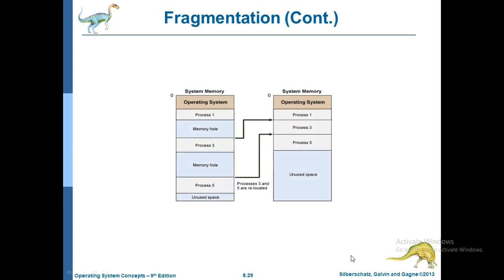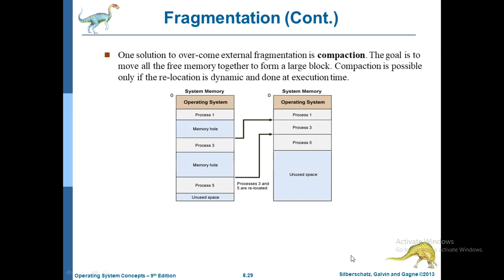You can avoid this. Internal fragmentation is very simple and you can neglect it, but external fragmentation we need to overcome. How? We have three methods. The first method to overcome this disadvantage is compaction.